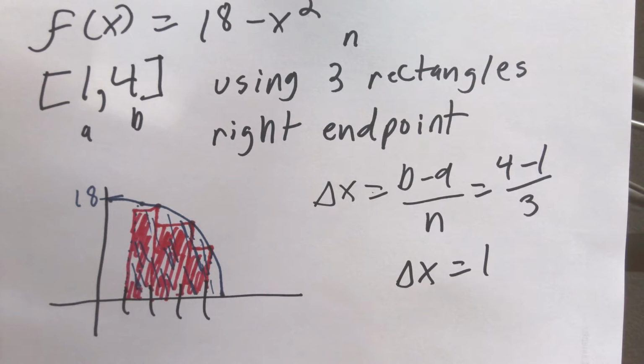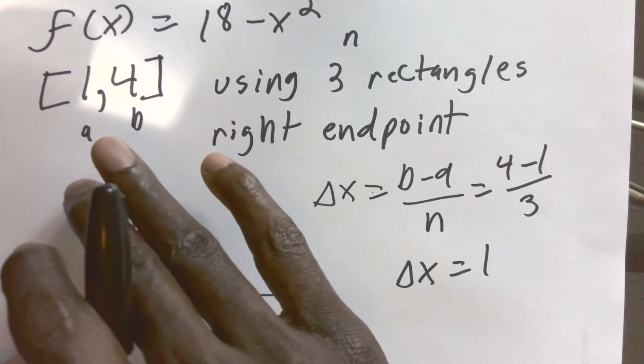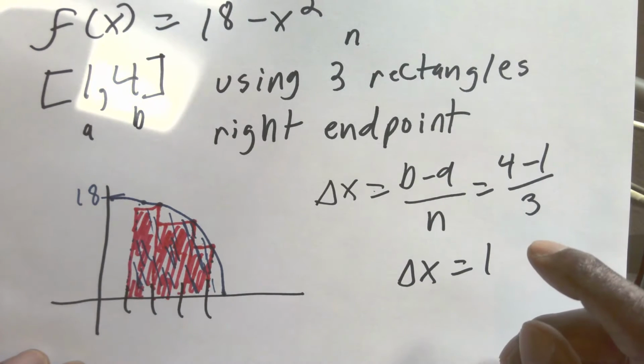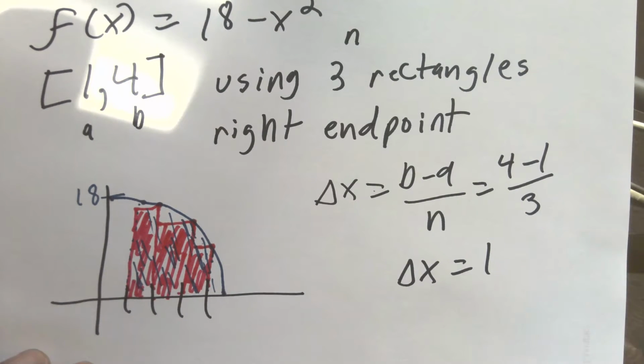Now, the reason this is a very effective way of finding hard-to-determine areas is because the area of a rectangle is very easy to find. It's just the length times the width. We already know the width of each rectangle, it's 1.